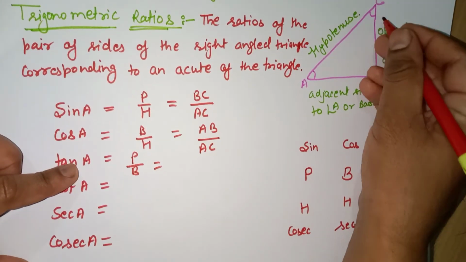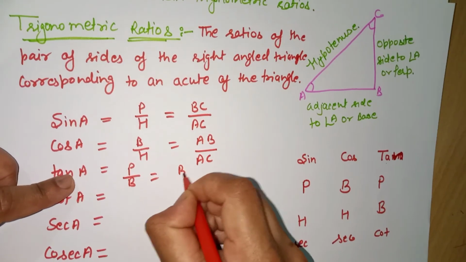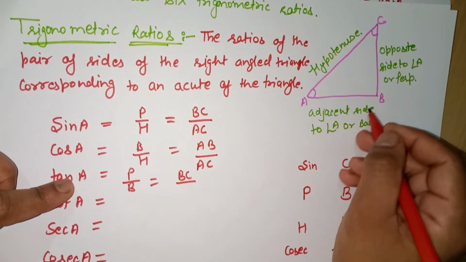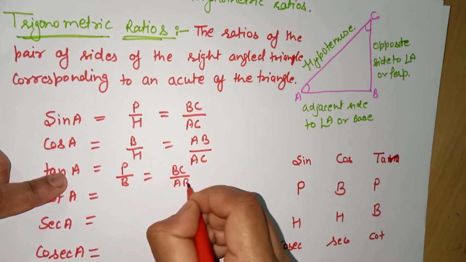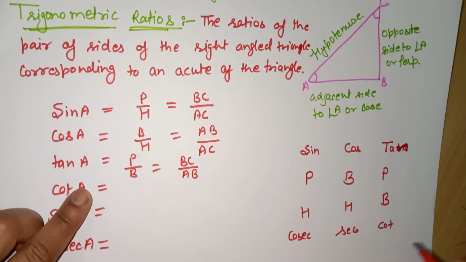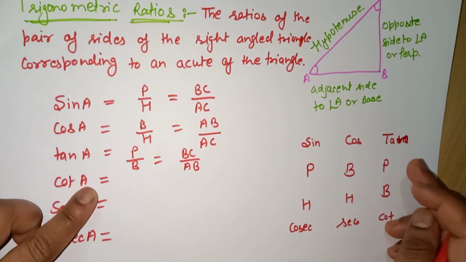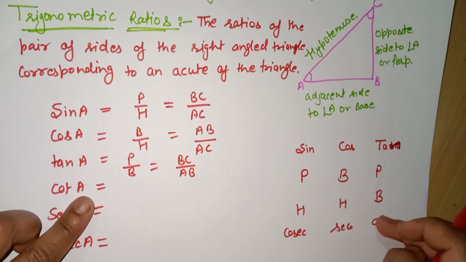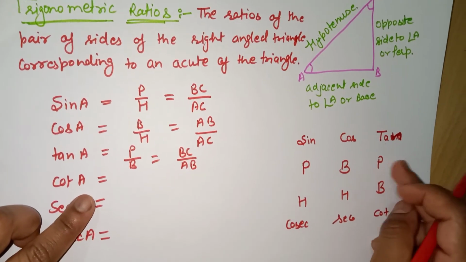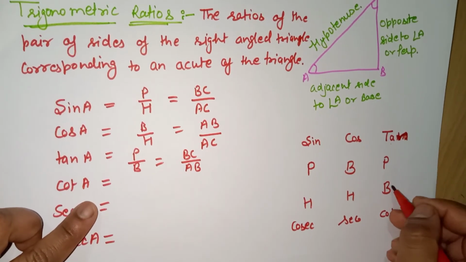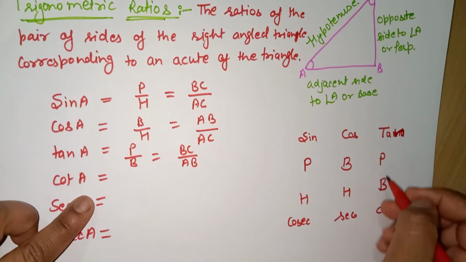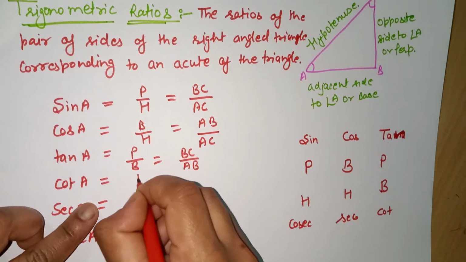And the third, the value of tangent, is perpendicular upon base, and the perpendicular here is BC and the base is AB. Now if we know the value of tan, then by reversing it we can find the value of cot also. So cot is base upon perpendicular.